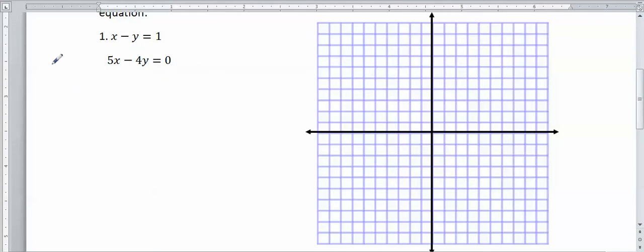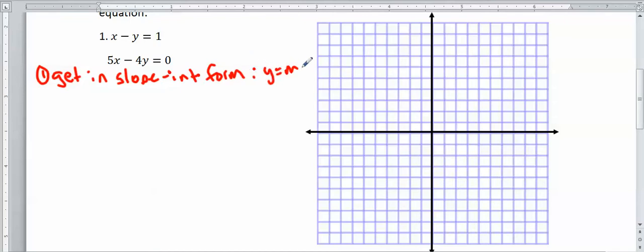So for each line, I have to get them in slope-intercept form. Okay, so y equals mx plus b. I'm going to take the equations one at a time. So we got x minus y equals 1, and solve for y. To get y by itself, I need to subtract the x from both sides.